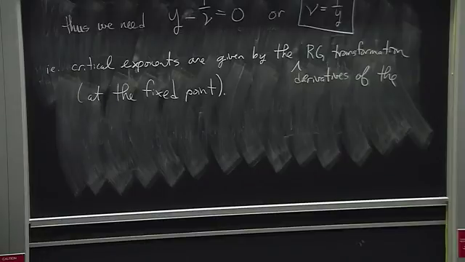So 1 over nu is this thing here. You can trace the existence of the fixed points to the assumption that this thing is differentiable. You need R prime. If you have R prime, you have a critical exponent.